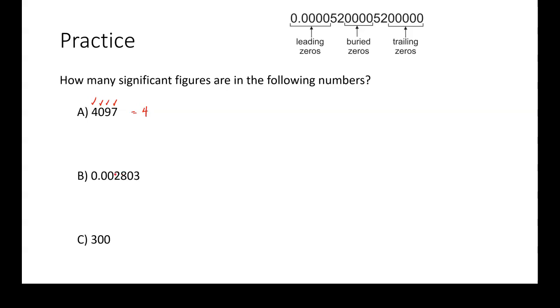Here, we've got leading zeros, which are never significant. And we've got 2, 8, 3, and then that 0 is in between these two here, so that's 4 as well. And then 300, there's no decimal point, so those are not significant, so it's just 1.